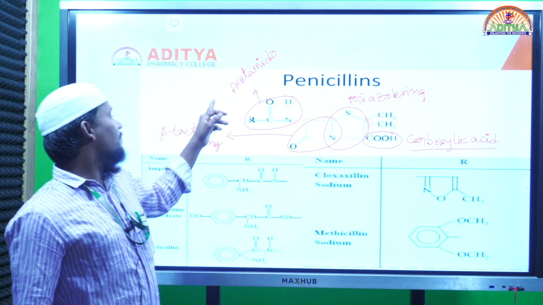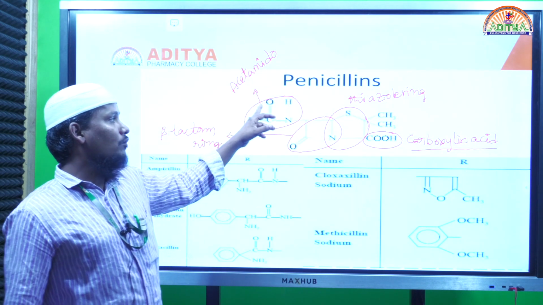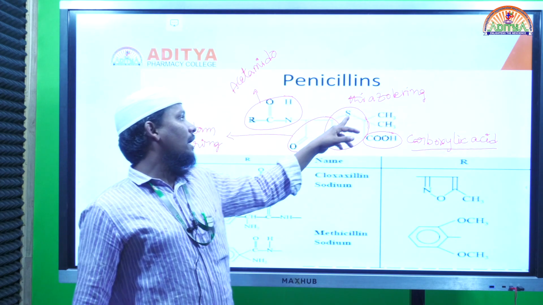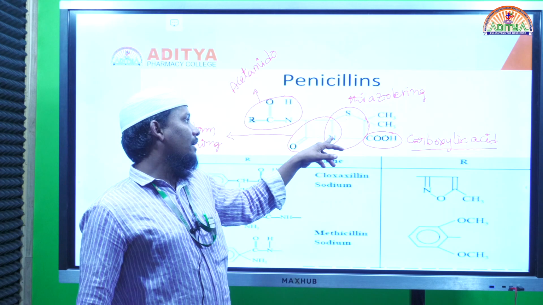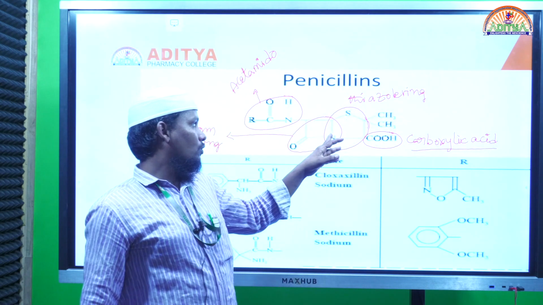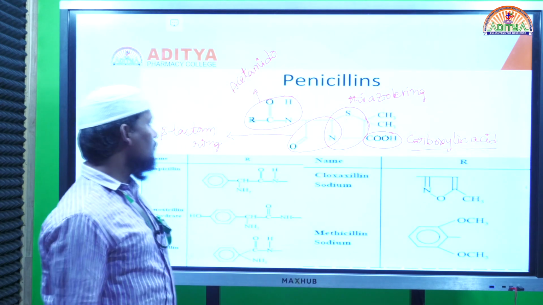In that it has a 5-membered beta-lactam ring, an acetamido functional group and a thiazolidine ring. As per the heterocyclic nomenclature, S we call thia, nitrogen is aza, and ole means a 5-membered ring. Okay, thiazole ring and a carboxylic acid group.